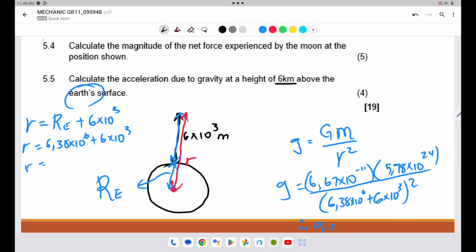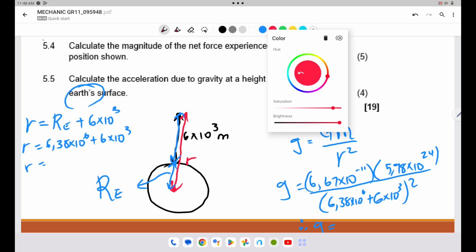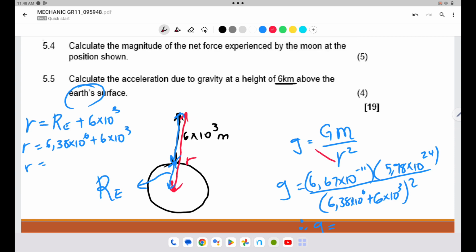Maybe I should ask, before we even get the answer, do we expect the answer to be greater than 9.8 or less than 9.8? Interesting. If we look at the equation and I locate r is there and then g is there. So it means if this is small, this will be large.